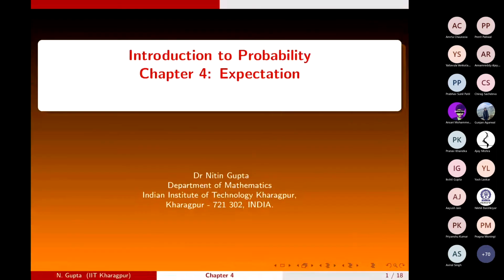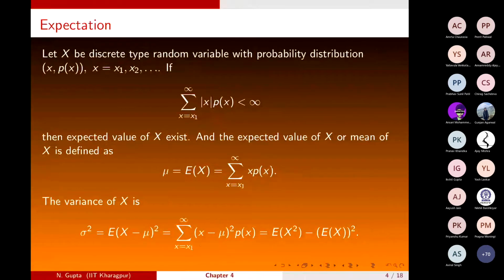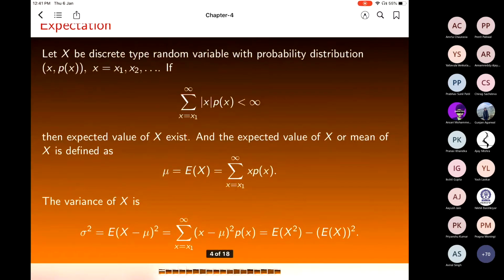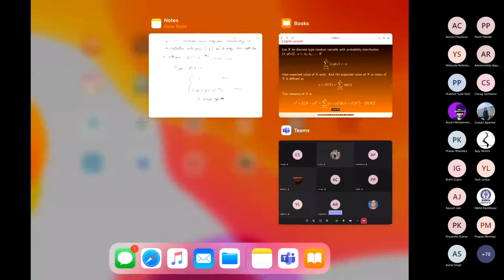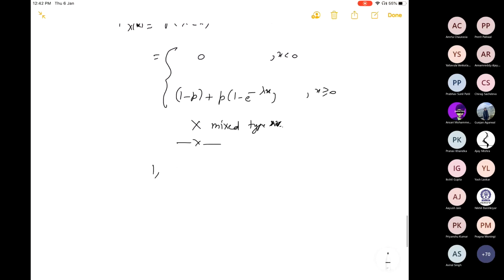Now let us start with the expectation. So expectation of X, for example, we have a discrete type random variable with some points 1, 2, 3, 4.